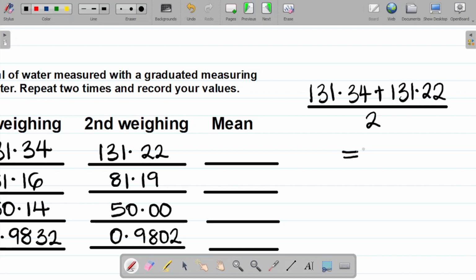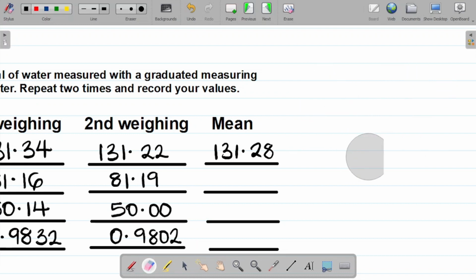I have about 131.28. So 131.28 is my answer. My mean here becomes 131.28. I'm maintaining the same two decimal places.